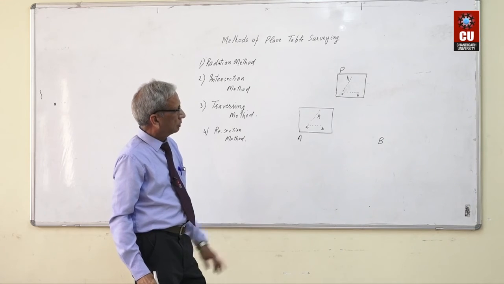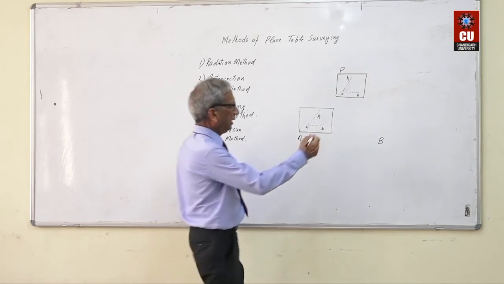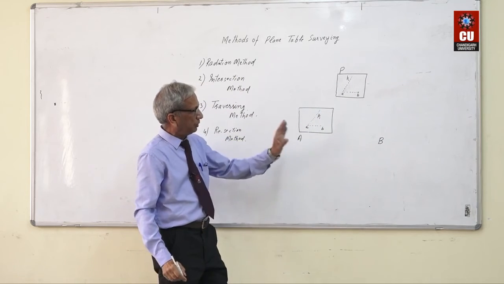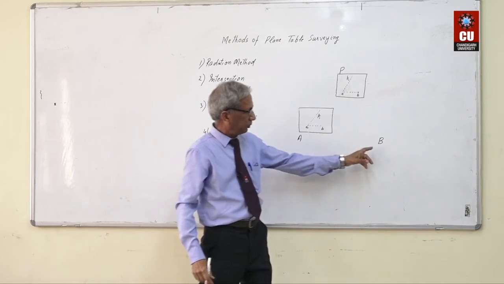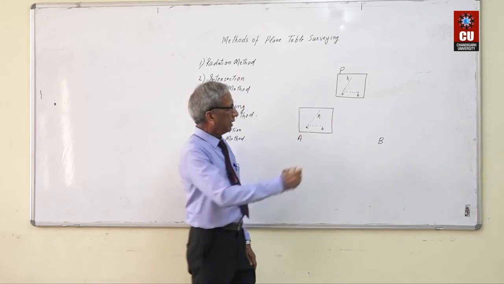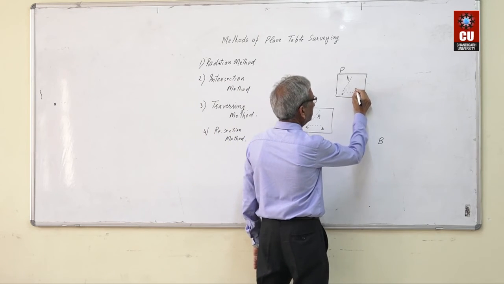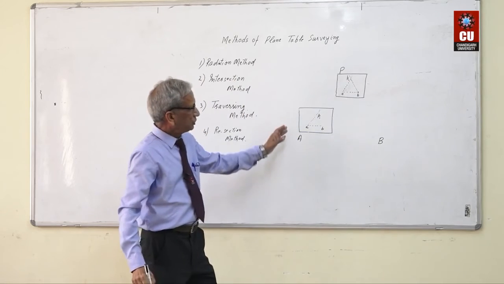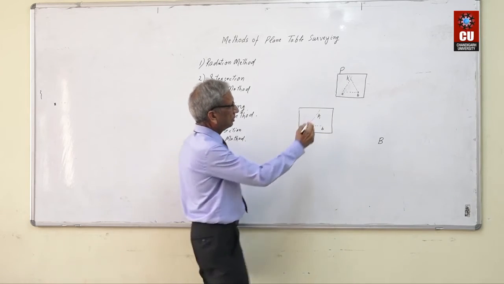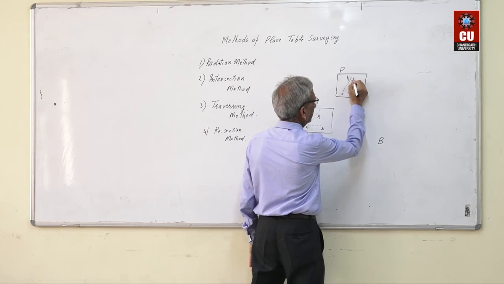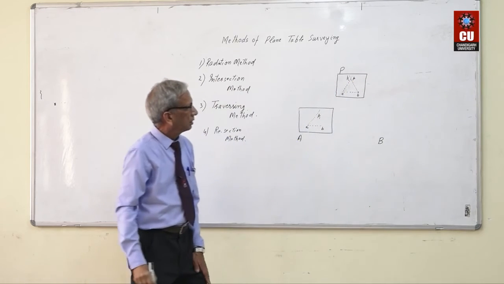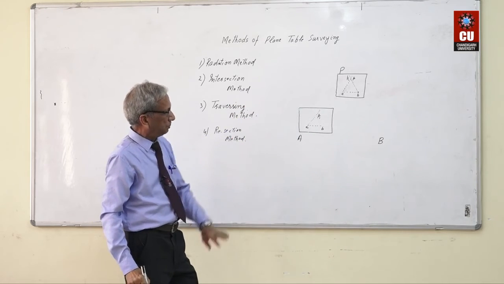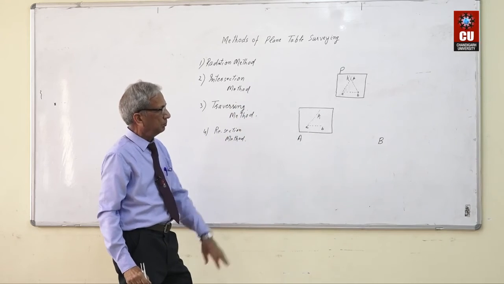Now, the alidade will be placed at point B. After placing the alidade at point B, we will bisect point B and draw a line towards P. Where these two lines are meeting, that point is our p. We wanted to locate the point P. We have located the point P with the resection method.